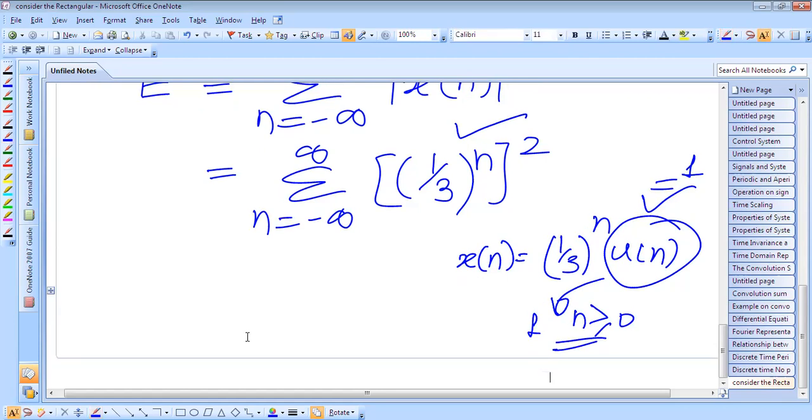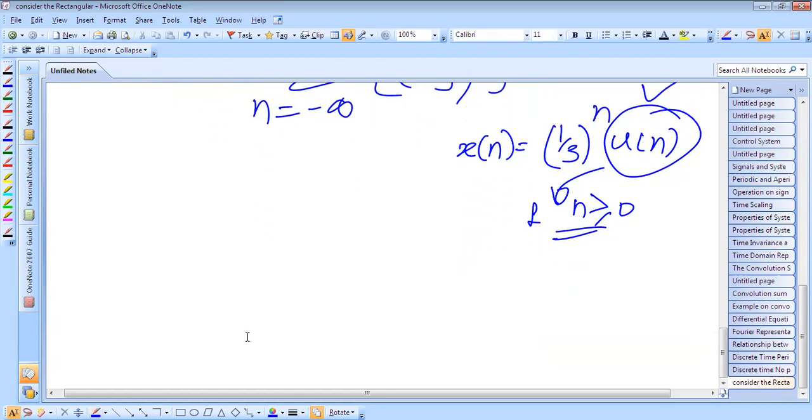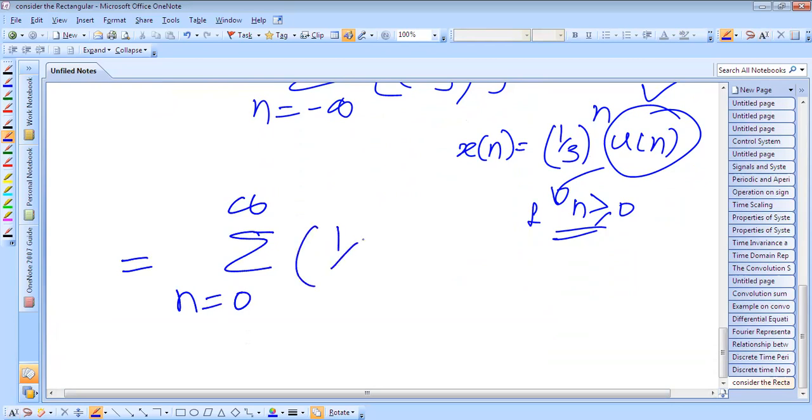Now, if you solve this further, we get summation n equal to 0 to infinity, by changing the limit, as we are interested here from 0 to infinity as the step function. So this is 1/3 square, that means 1/9 raised to power n.